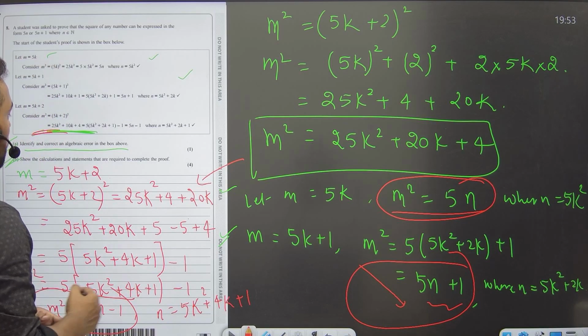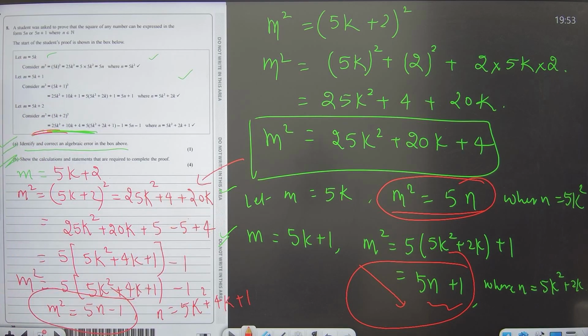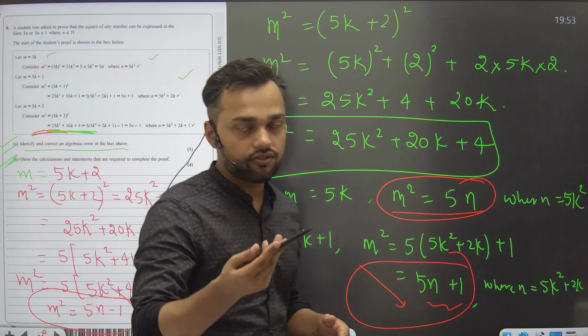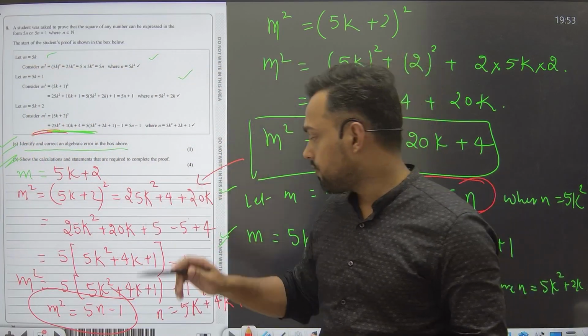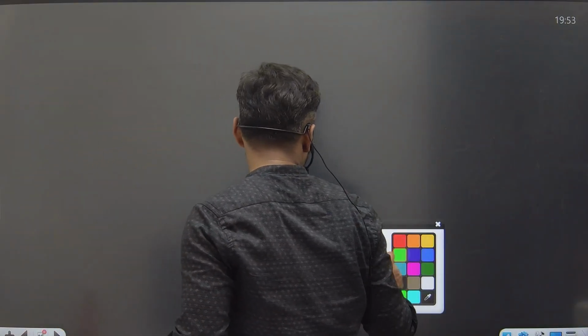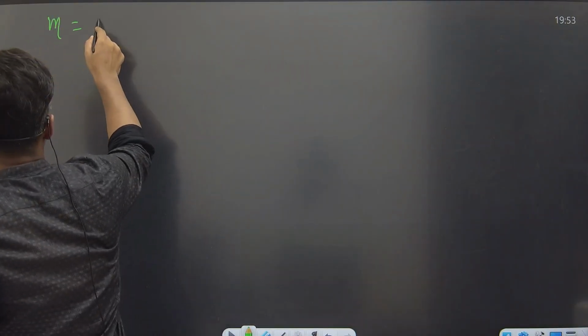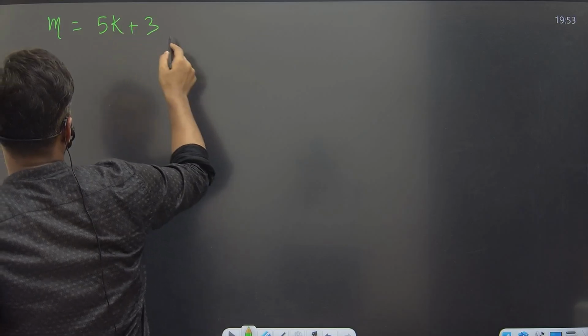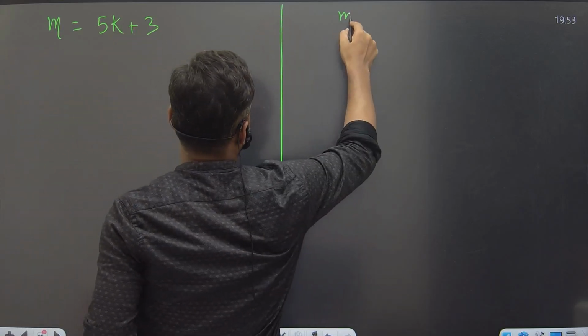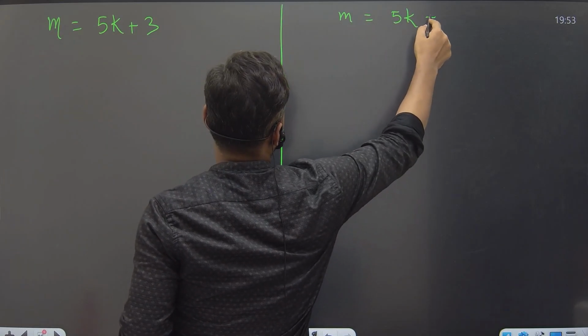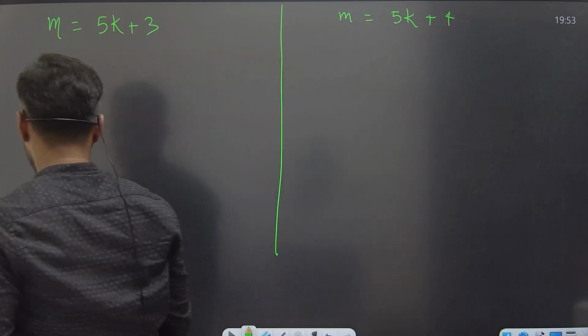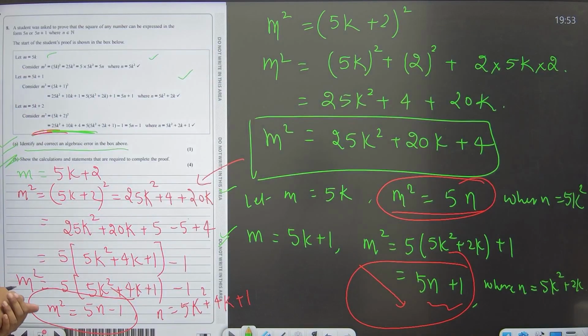If you want, you can go ahead with plugging the value of m equals 5k plus 3 as well, and 5k plus 4. This is the whole solution I am discussing here, student.